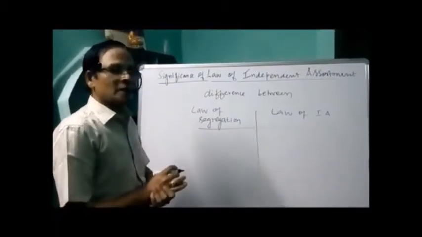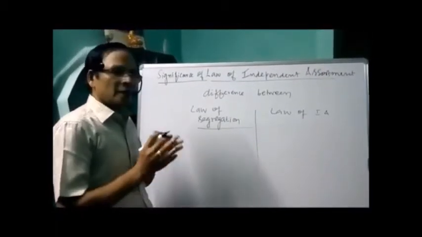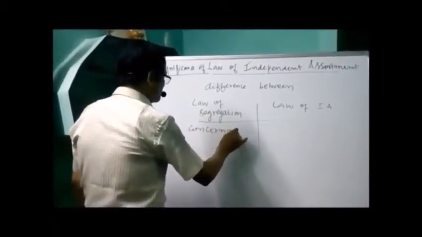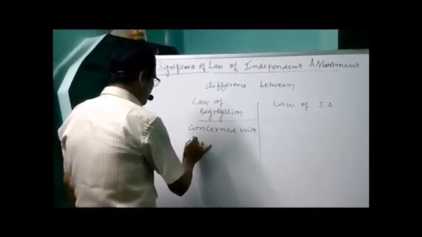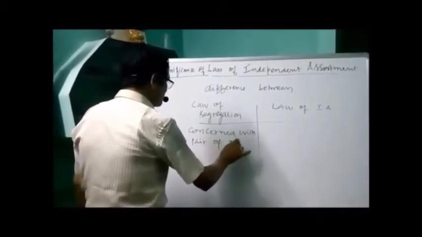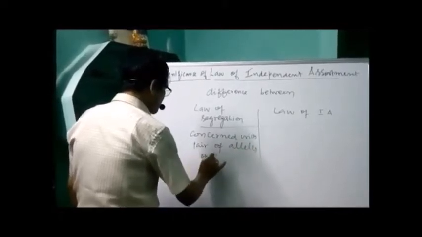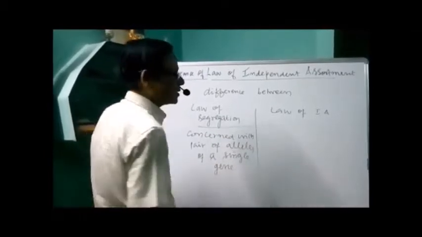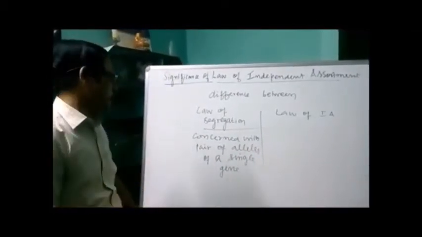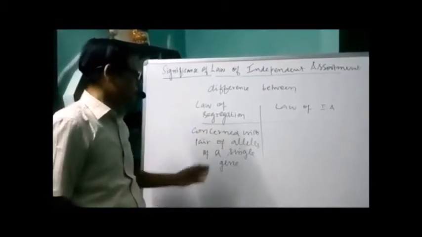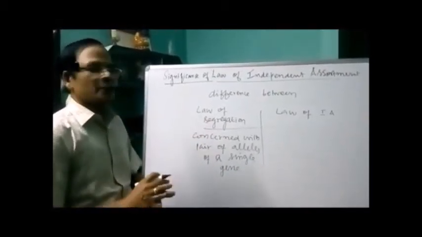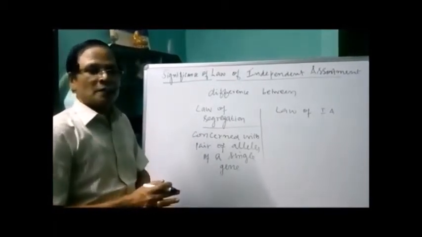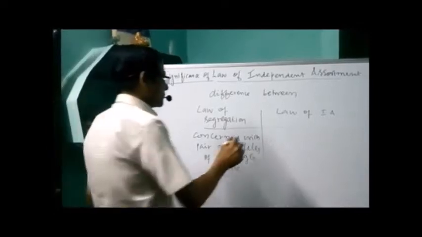The law of segregation is concerned with a pair of alleles of a single gene. So the alleles of a single gene segregate. Whereas the law of independent assortment deals with the relation between two genes.